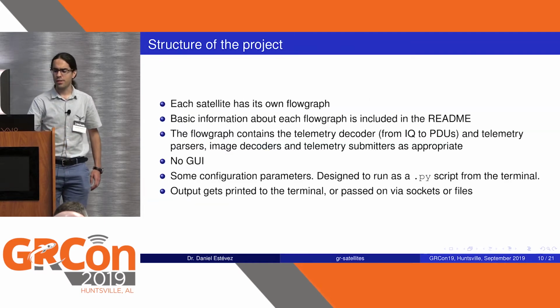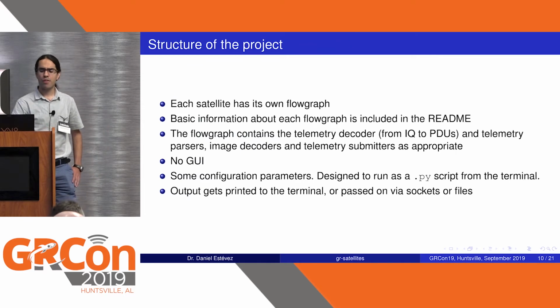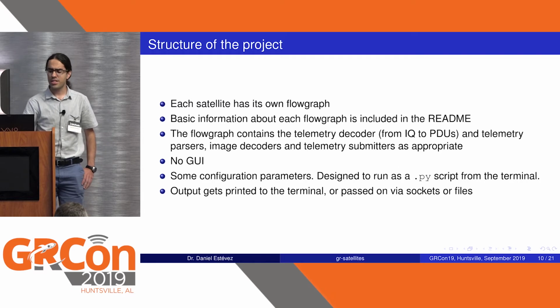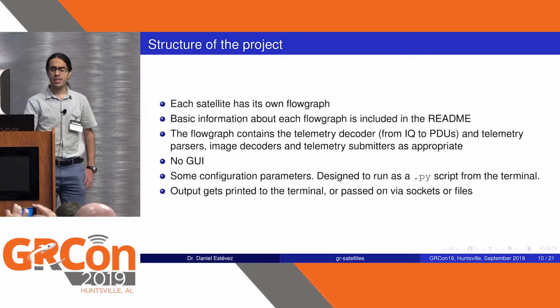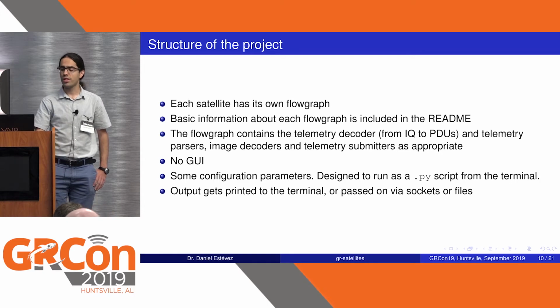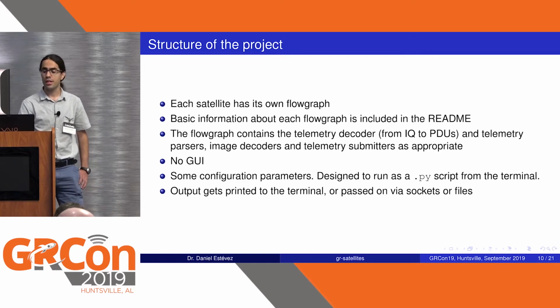So, a brief look inside. As I mentioned, every satellite has a different GNU Radio Companion flow graph, and the basic information about each of the flow graphs is included in the README file for the project, saying the type of modulation, forward error correction, encoding, and so on that each satellite uses. The flow graph contains the telemetry decoder, whose goal is to get from IQ samples to PDUs containing the data frames or the protocol frames.